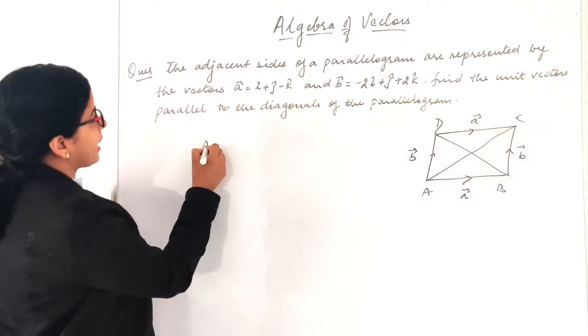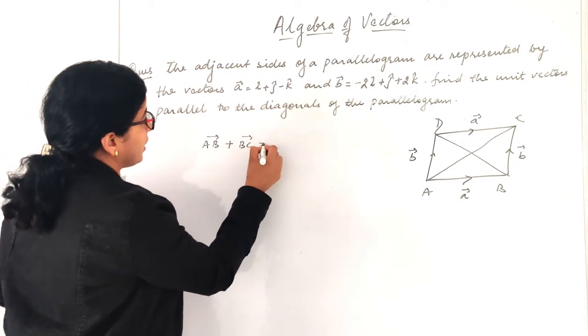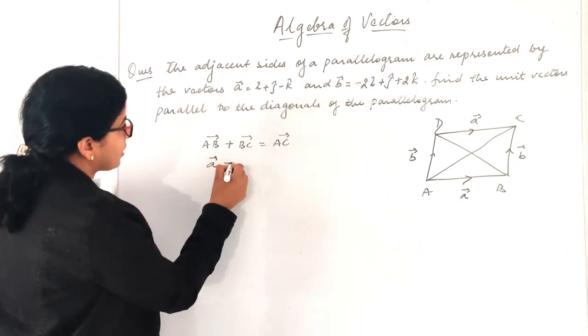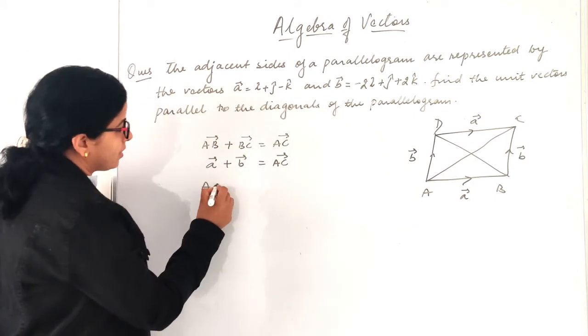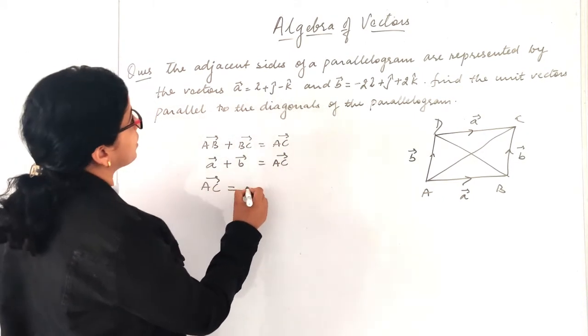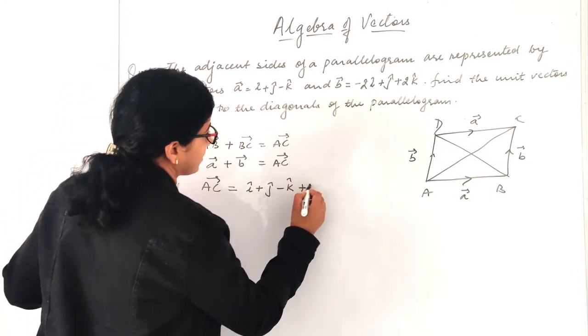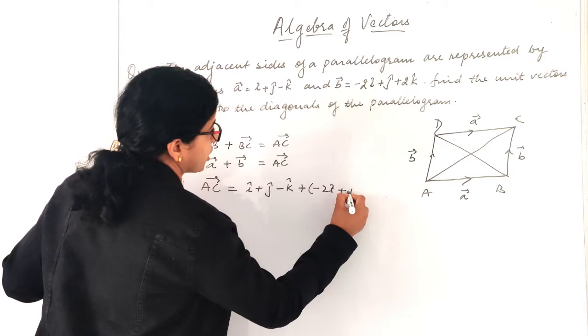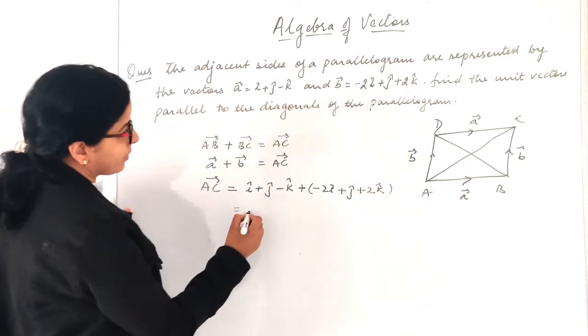Now I can write AB vector plus BC vector equals AC vector. A vector plus B vector is equal to AC vector. So my AC vector will be equal to i plus j minus k plus minus 2i plus j plus 2k. If I solve it, what am I getting?